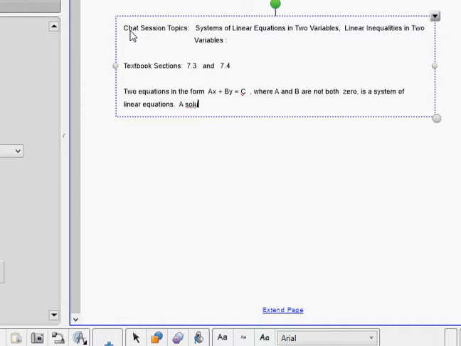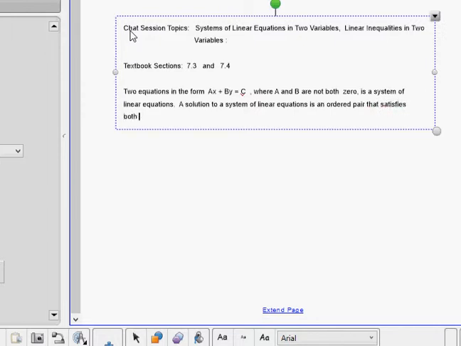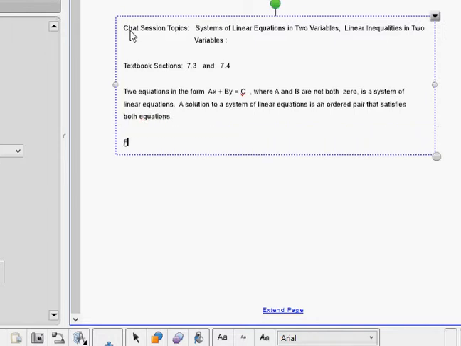A solution to a system of linear equations is an ordered pair that satisfies both equations.